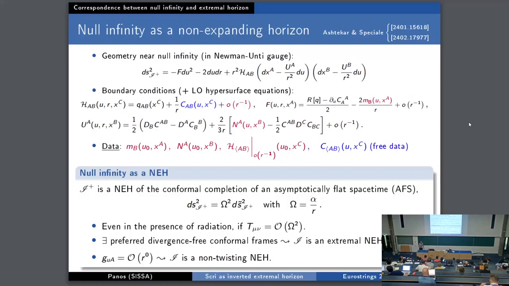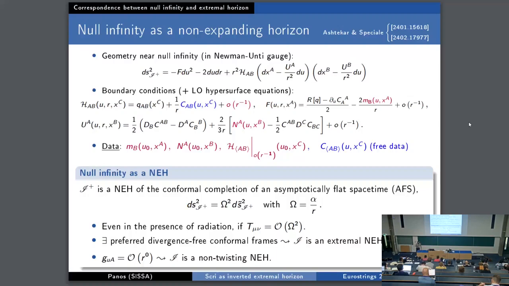Once one fixes the boundary conditions of this spatial metric, H_AB, the hypersurface equations dictate the following behaviors of the other metric components. The data that describe this asymptotically flat spacetime consist of some initial conditions on some fields entering the metric, namely the Bondi angular momentum aspects and also the subleading terms in the spatial metric. This is well known.